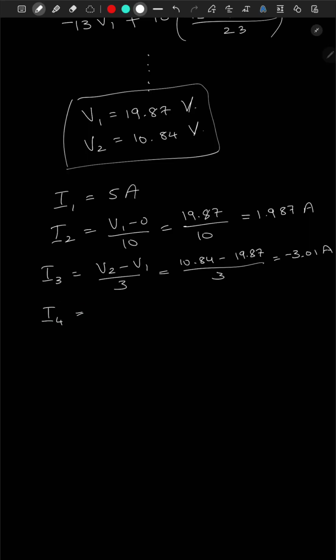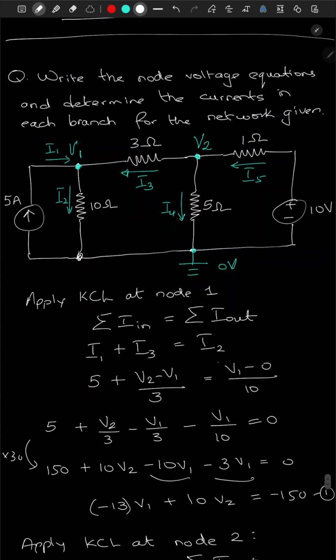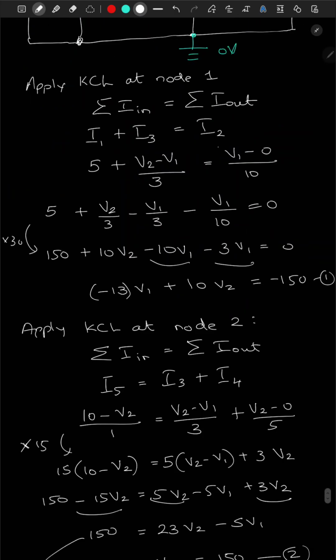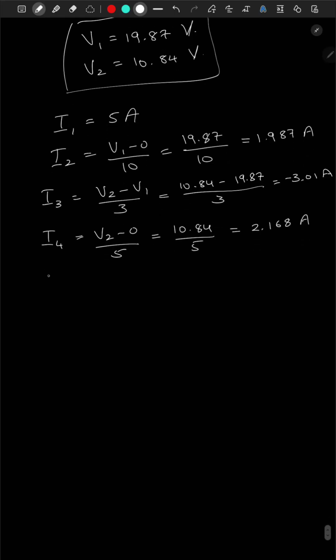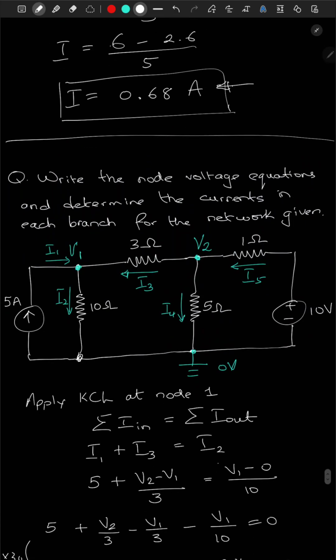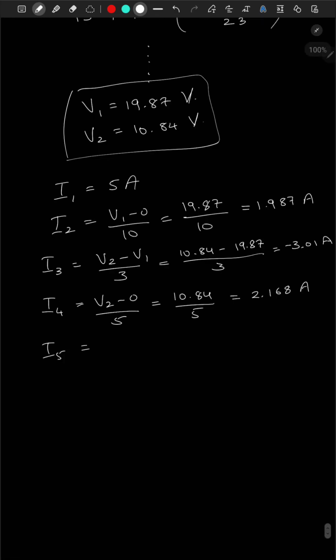So I4 would be V2 minus 0 over 5, which is 10.84 divided by 5. And this will give you 2.168 amps. And I5 is 10 minus V2 divided by 1 ohm resistance.